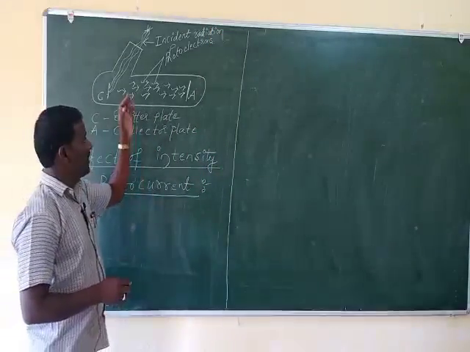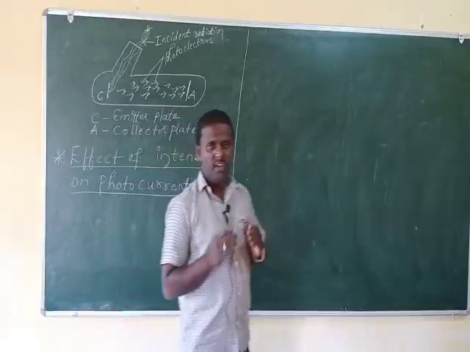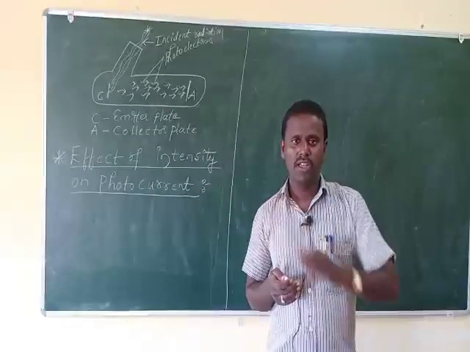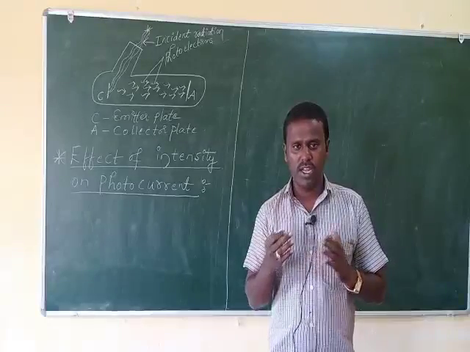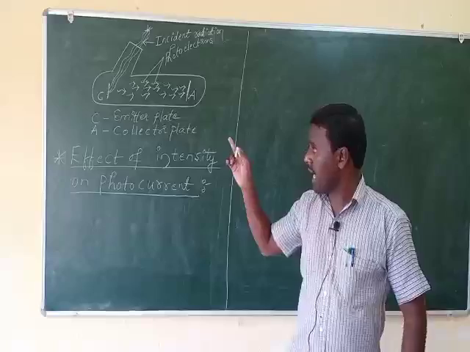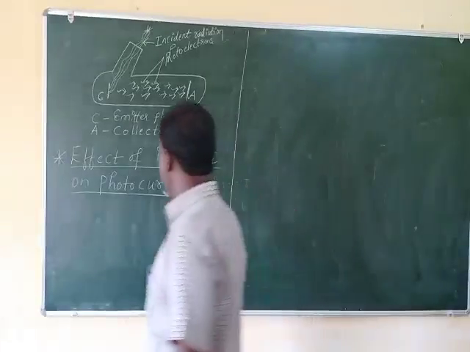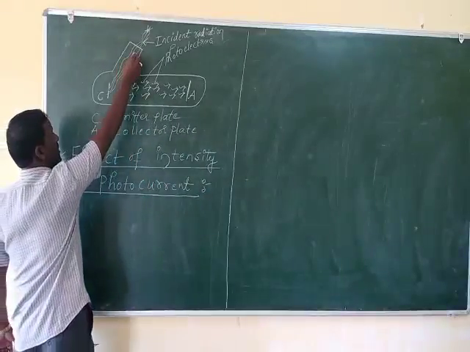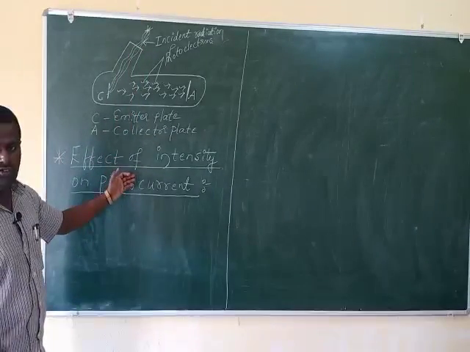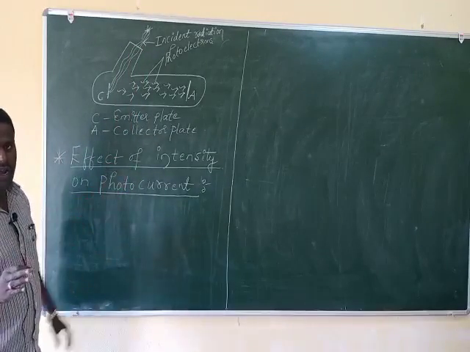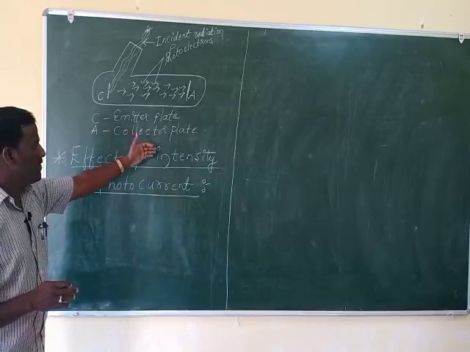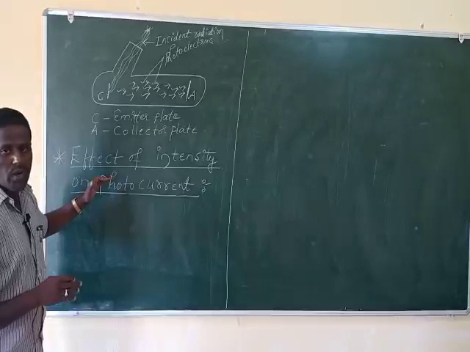Here intensity means the energy of the light, how strong the light is. Intensity represents the strength of the light that you are sending to the cathode plate or emitter plate. One thing you try to remember: intensity increases the photocurrent.